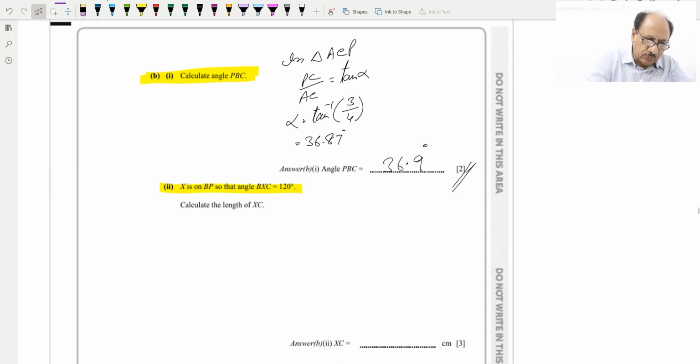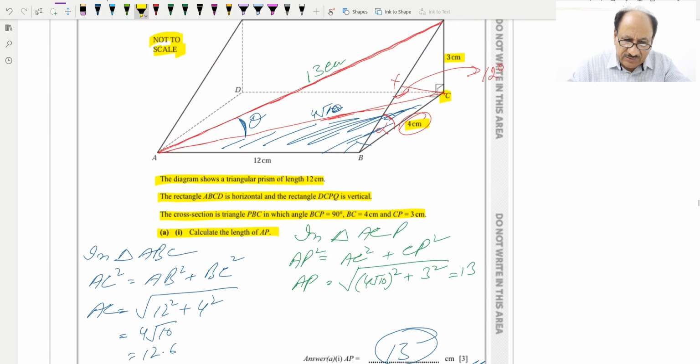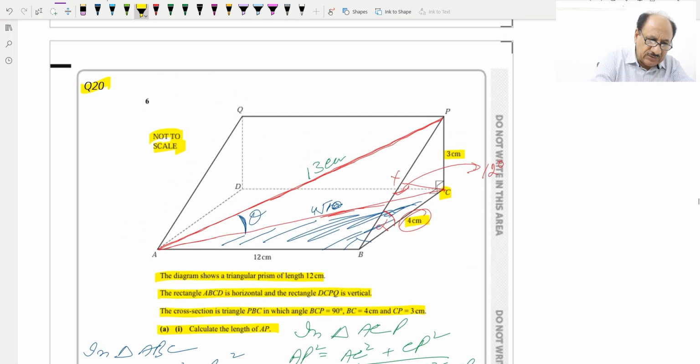Now they have asked us to calculate the length of XC. So this length, X to C, is required, which we can find by the sine rule. XC we need to find, right?